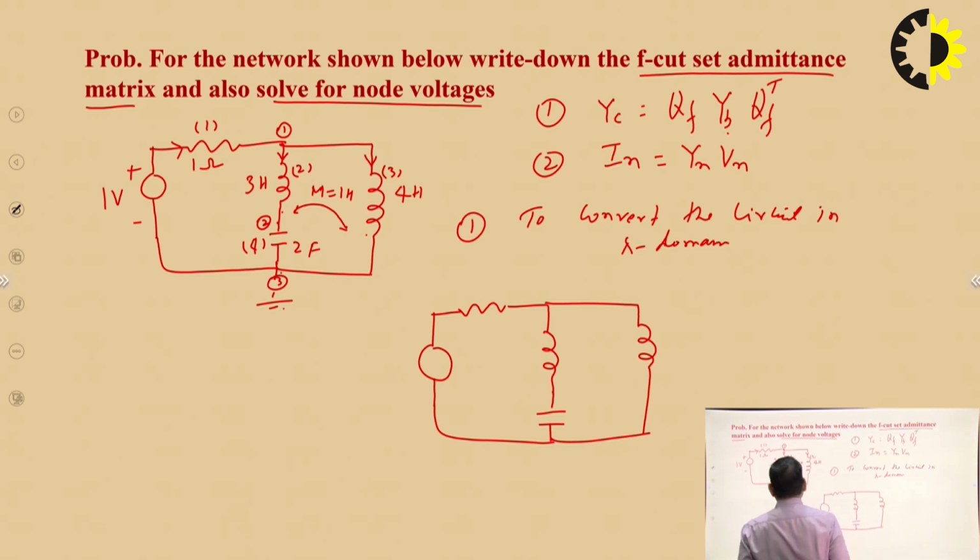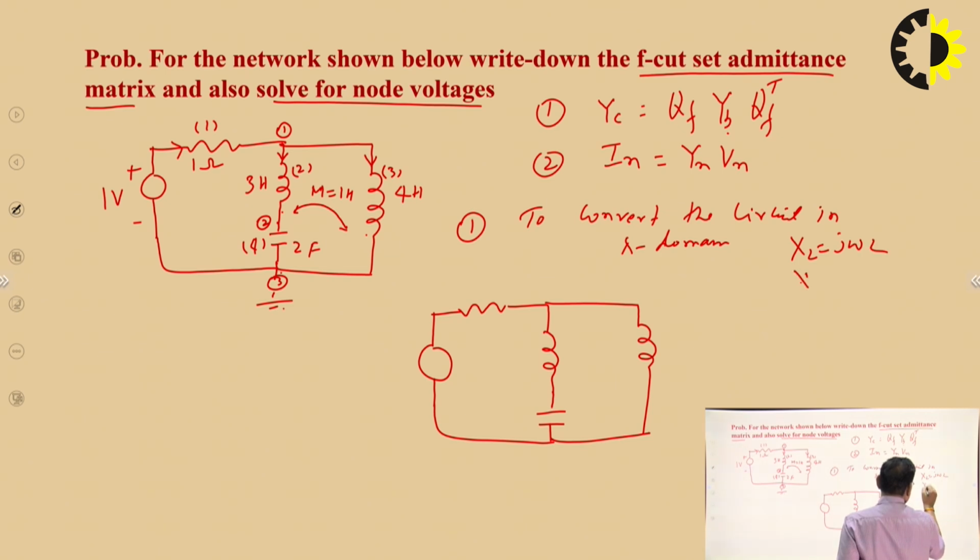Remember XL is j omega L and XC is 1 by j omega C. In the place of j omega we can write S. So, j omega L becomes SL, so 3S.